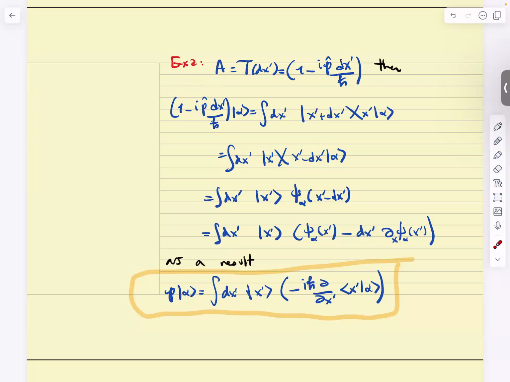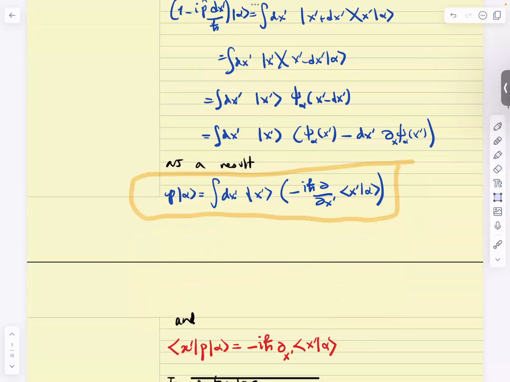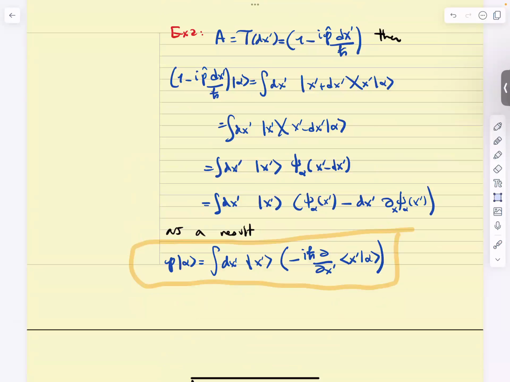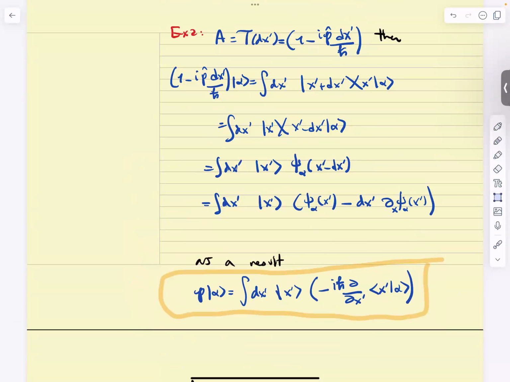Is this clear, or should I write a line in between? Can you see how to go from here to here? Let me do it on the board. What is the first term? I can rewrite the first term as ket alpha. Do you see why?